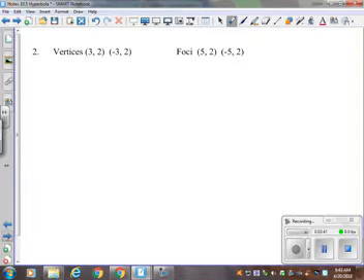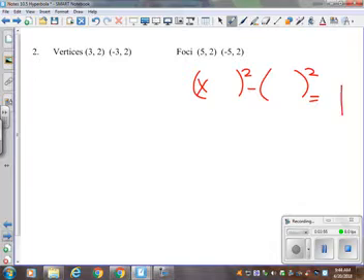All right, so in our next question, what's changing? The x's, because all the y's are 2. That tells me x comes first in my problem. So when you're working hyperbolas, you got to look at your points and immediately see which one is changing and tell that letter first in your formula.